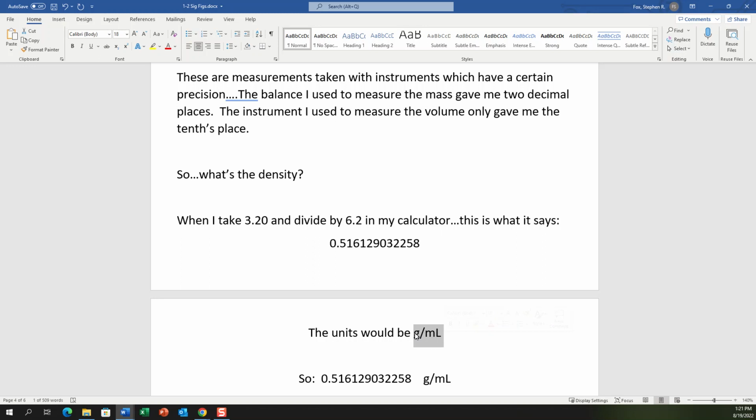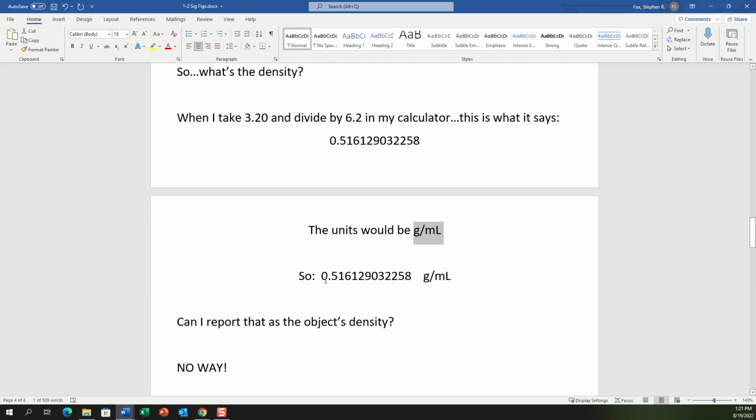Great. So is this what I should report the density as? I said, hey, go measure this substance's density, and you come back to me and say, okay, we measured its density and we got 0.516129032258 grams per milliliter. What?